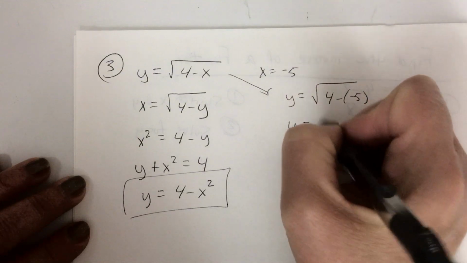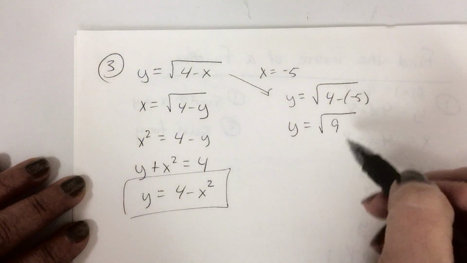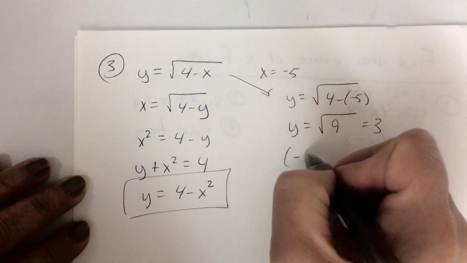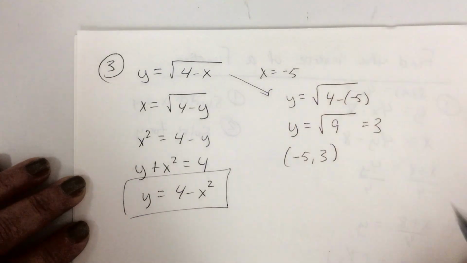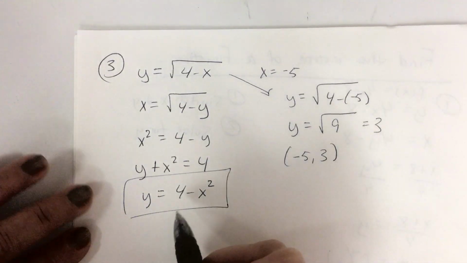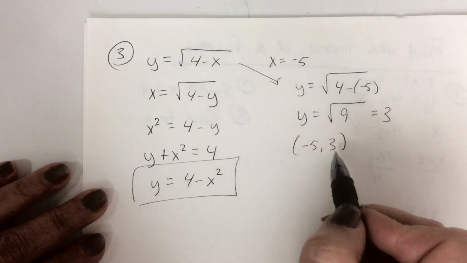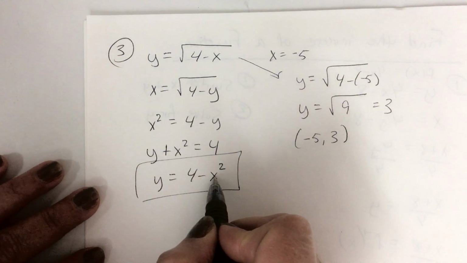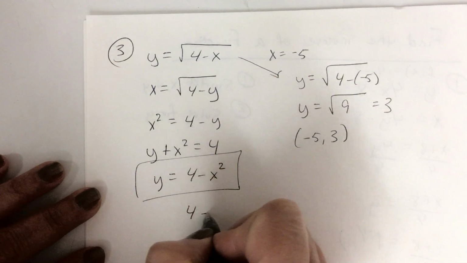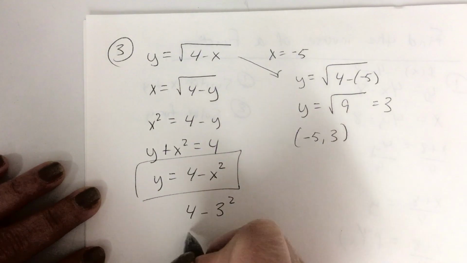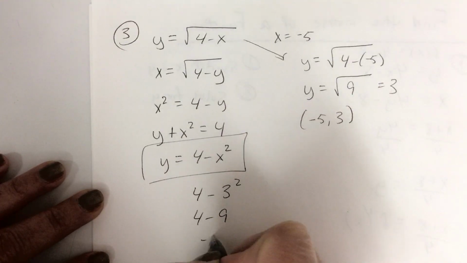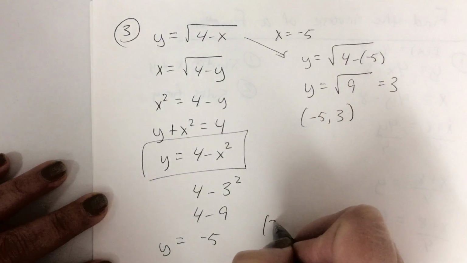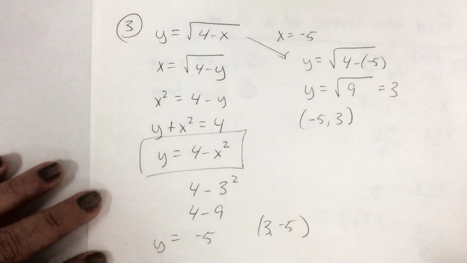So y is equal to the square root of 9, because 4 plus 5 is 9, which is equal to 3. So this would have the ordered pair negative 5, 3 on it. Here, if I plug in the other way around, if I plug in 3 for x, 4 minus 3 squared is 4 minus 9, which is negative 5. So my y is negative 5. So I plugged in 3 and I got negative 5.